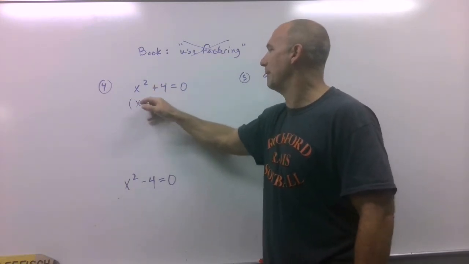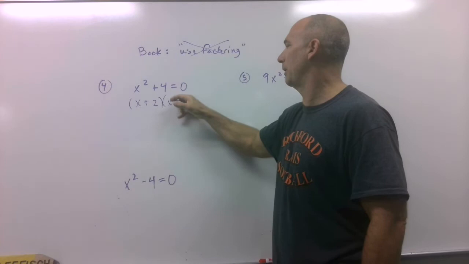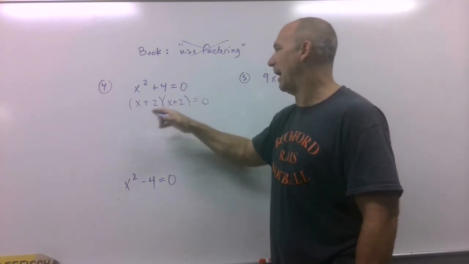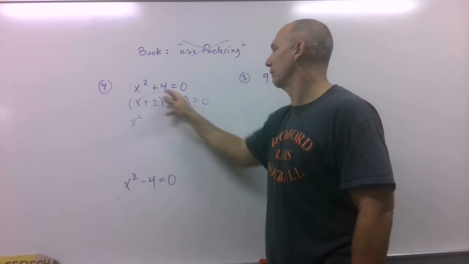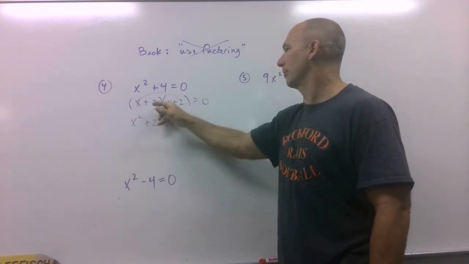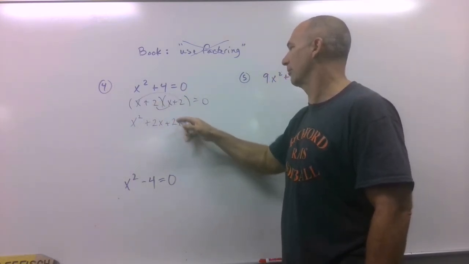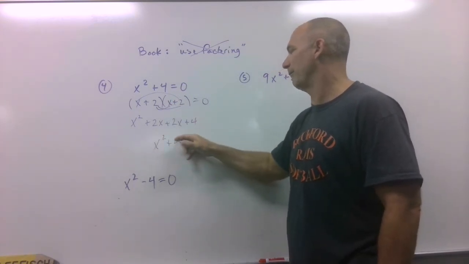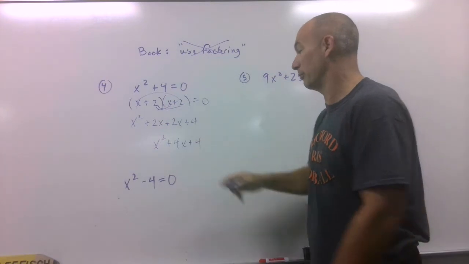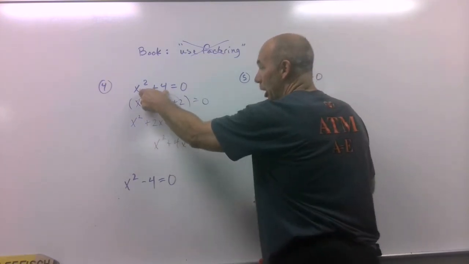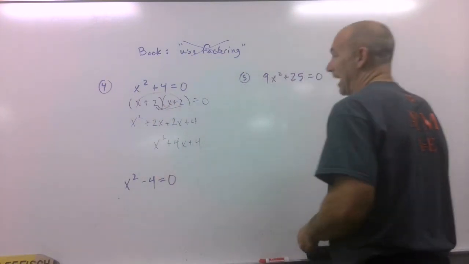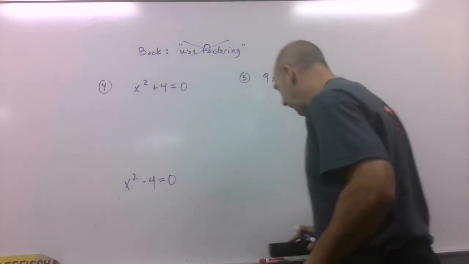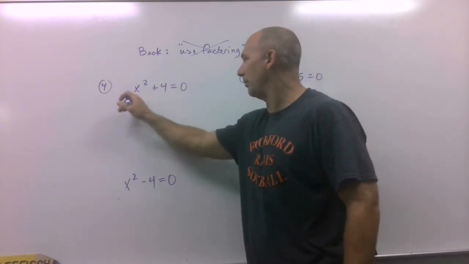Like you would try maybe x plus 2 times x plus 2 equals 0. Problem is, if I FOILed this out, I'd get x squared plus 2x plus 2x plus 4. And I'd get x squared plus 4x plus 4, which, by the way, does this look like this? No. That means I factored it wrong. By the way, it is impossible to factor a sum of 2 squares.